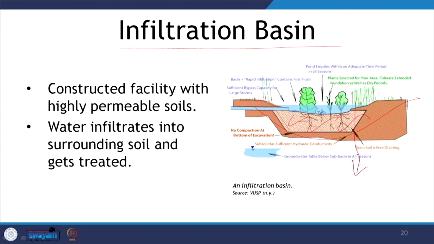In addition to just the gravel which we saw in the infiltration trench, we would have a lot of plants and vegetation, the roots of which help in maintaining the looseness of this substrata, and it helps the water percolate down.